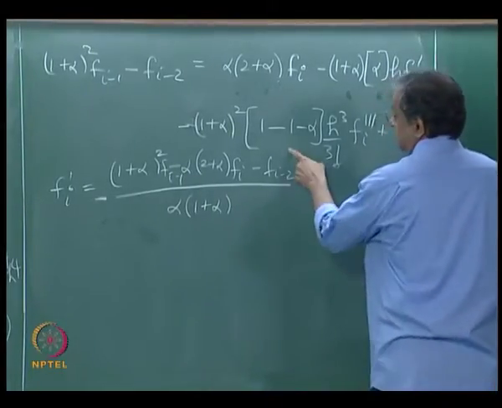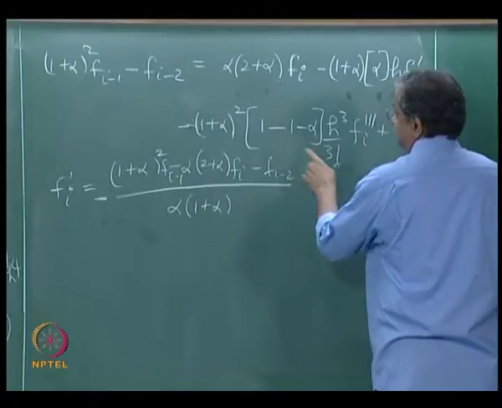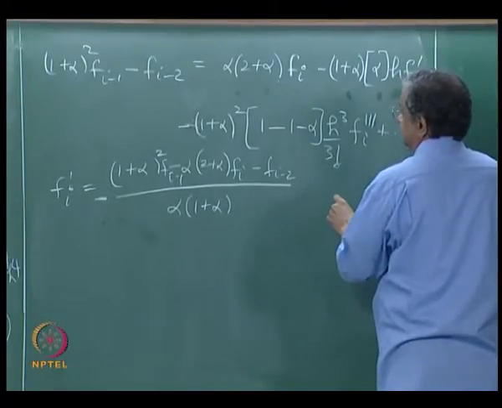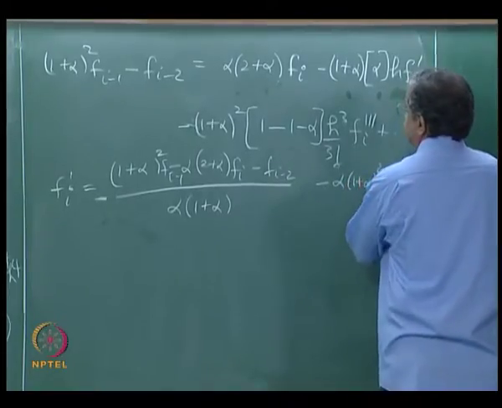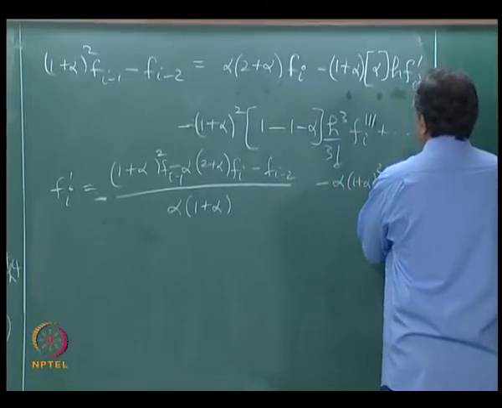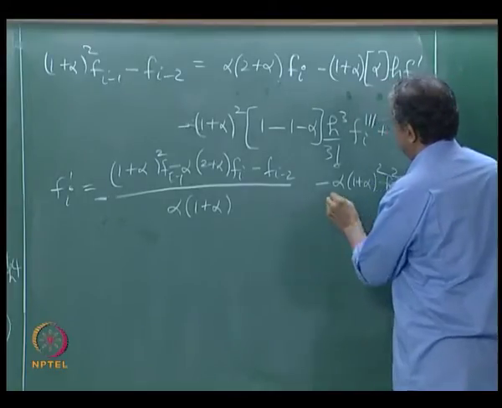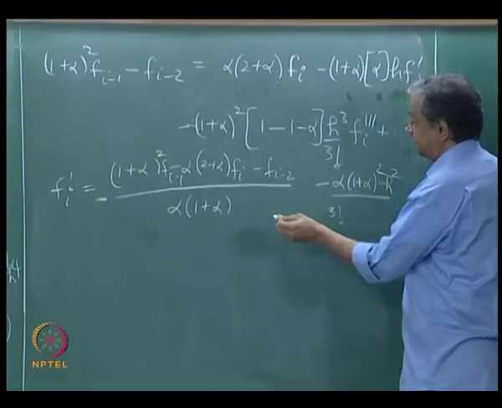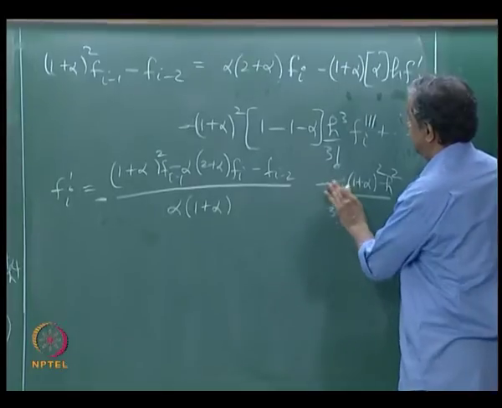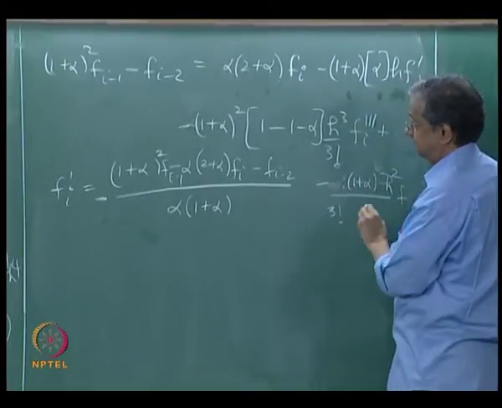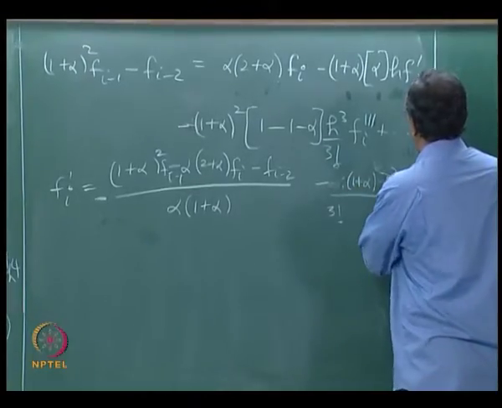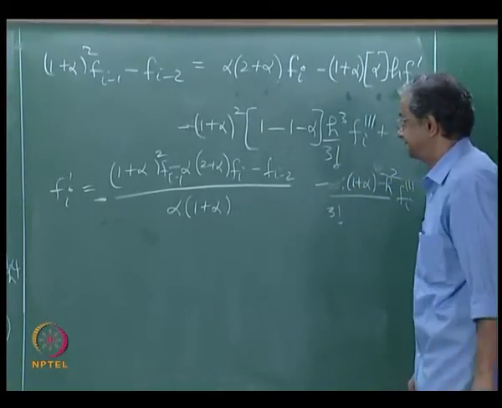And this, what is the truncation error now? Minus alpha into 1 plus alpha squared h squared by 3 factorial, and I have to divide by alpha times 1 plus alpha, so that gives you an 1 plus alpha f triple prime at i.